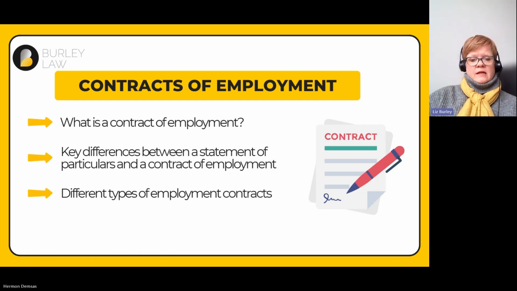Also, if there is any probationary period attaching to the employment, and what conditions apply during probation, and any period of compulsory training that's required by the employer.